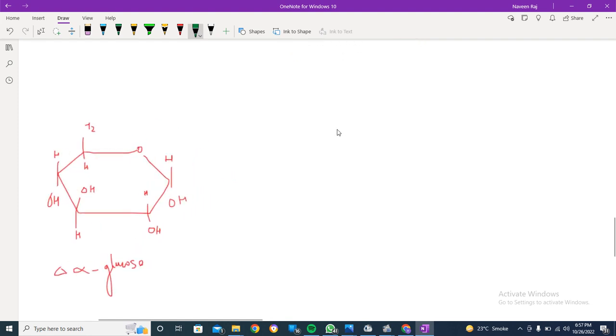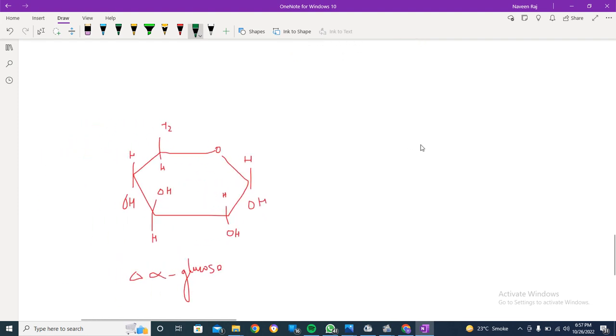Fructose looks somewhat like this. On top we have H, and here comes the first C, and here comes HOCH2.